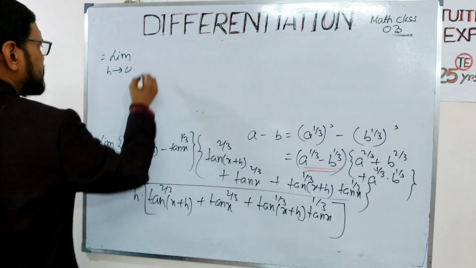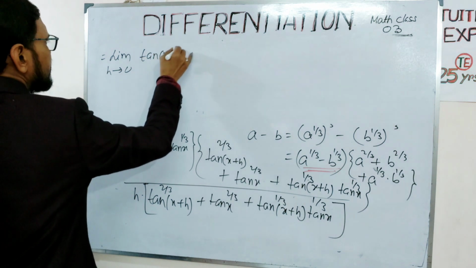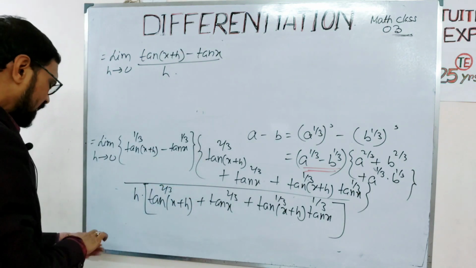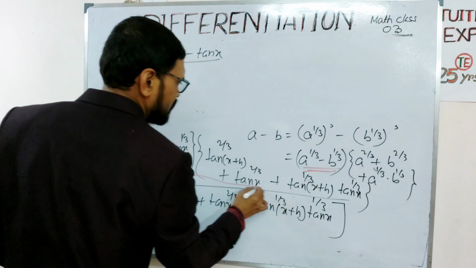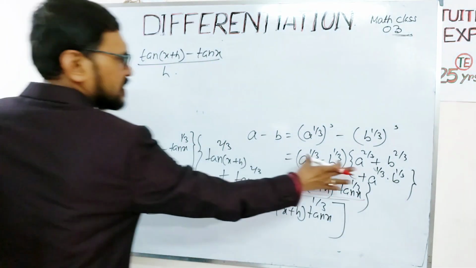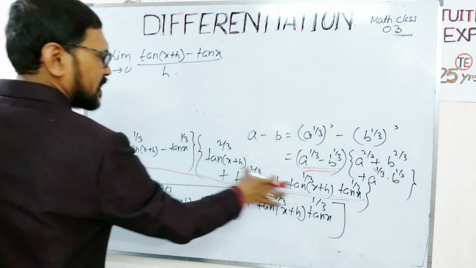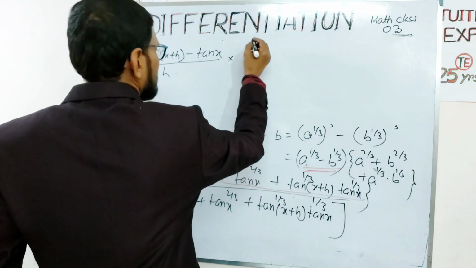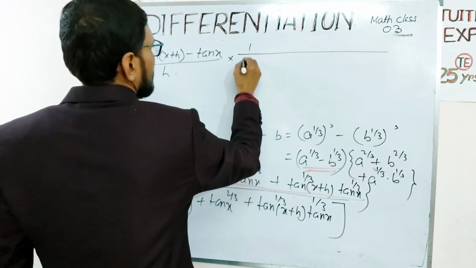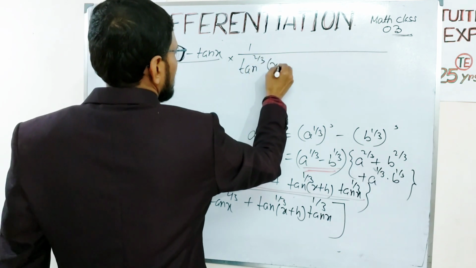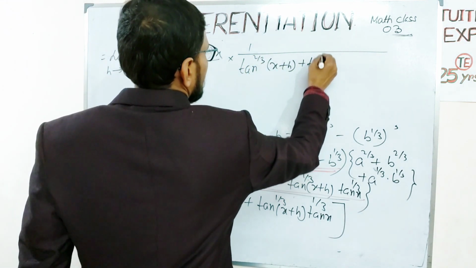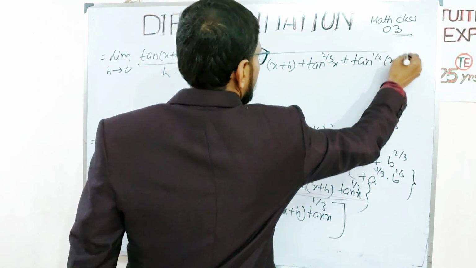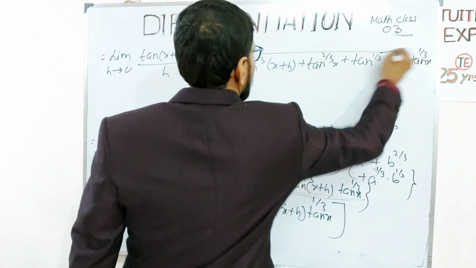A minus b means only tan of (x plus h) minus tan x divided by h, and the whole term is a minus b. This into this term is a minus b. So the whole term is a minus b, and below the term is this.